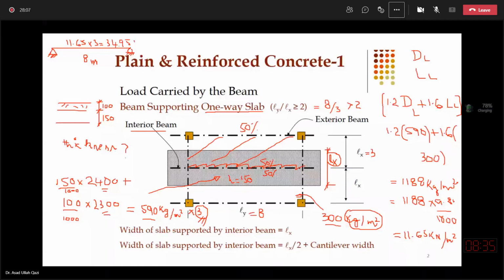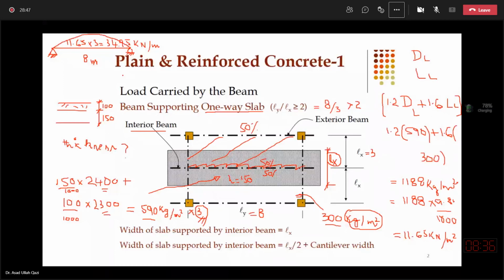Since you are assuming at the moment that end conditions are simply supported, in next lectures we will discuss the moment coefficients, or what the restraint at the ends might be, and then there may be a chance that the ends will hog and negative moment will come at the end. They are not fully fixed, but partially fixed. Then obviously we might not be considering that the bending moment diagram is WL square by 8 as for a simply supported beam.